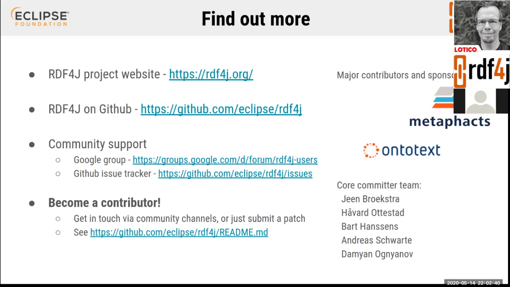Andreas Swarta, my colleague at MetaFacts, who is the main developer of the Federation module that I briefly talked about, and Damian of Ontotext, who, like I mentioned before, has been one of the main contributors on the RDF Star and Sparkle Star stuff. Apart from that core committer team, we obviously have loads of individual contributors as well, too many to mention, but they are not forgotten. And we'd love you to become part of that family.